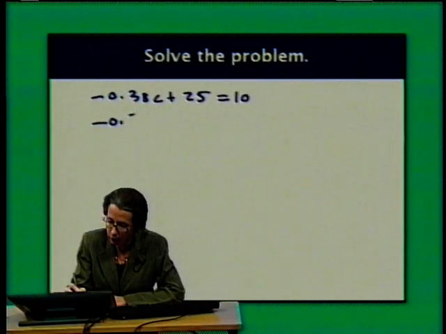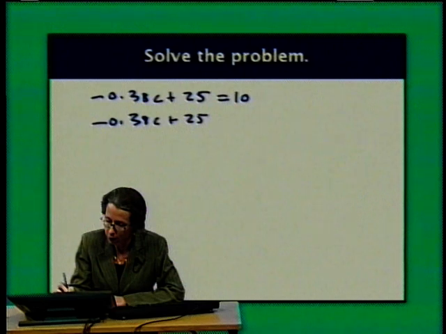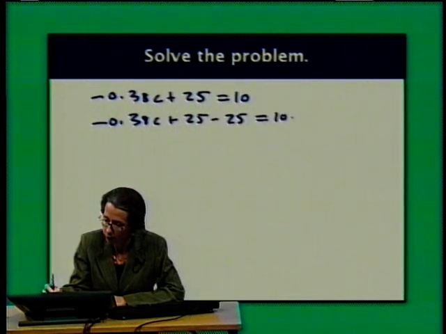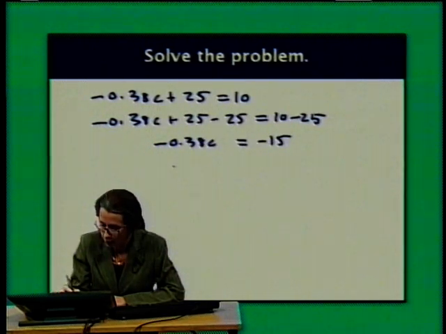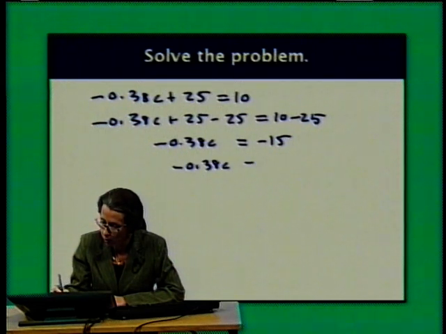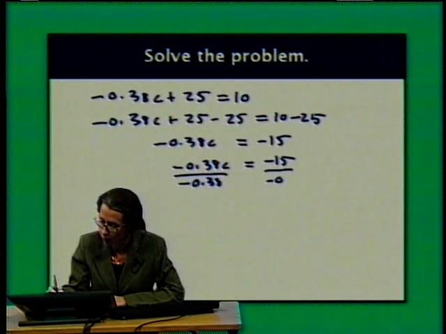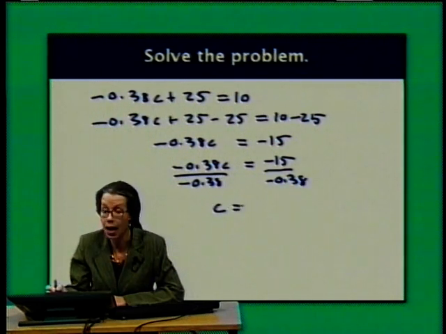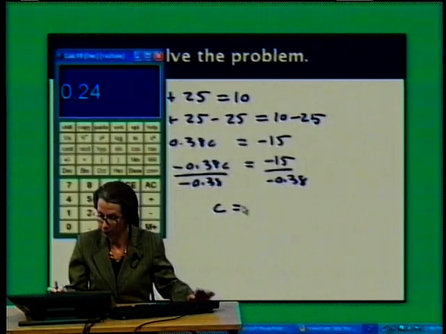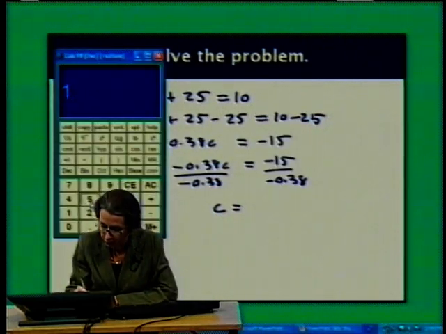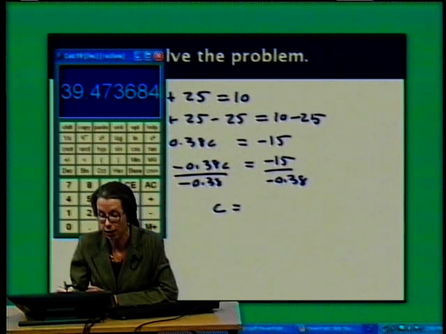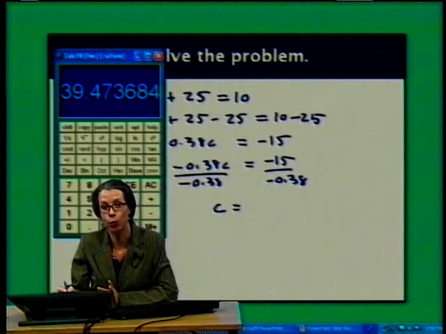So subtracting 25 from both sides of the equation, I have negative 0.38C equals negative 15. Dividing both sides by negative 0.38 should tell me the amount of low-fat chocolate I need in the final mix. So 15 divided by 0.38, both numbers are negative, so the result will be positive, gives me about 39.5 ounces.